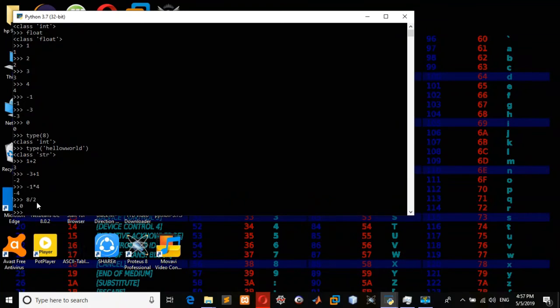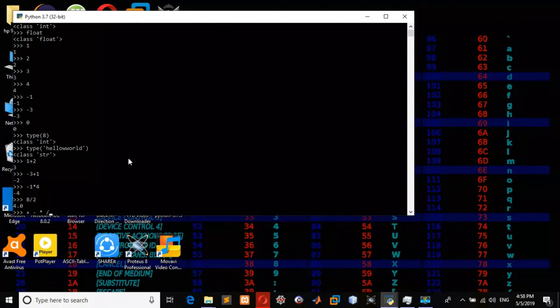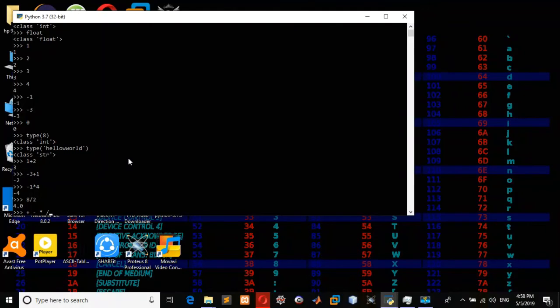But for now, know that integers support addition, represented by plus, subtraction represented by minus, multiplication represented by star, and division represented by a slash. So in the next tutorials we are going to see more on integers.